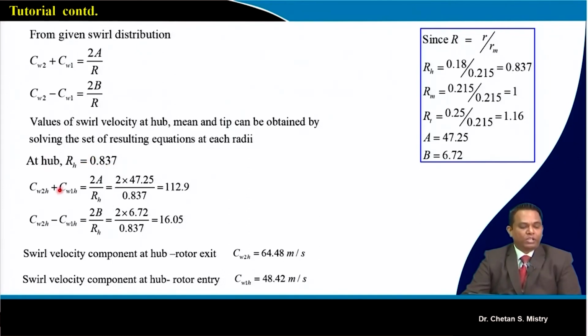So we can put this equation, which gives me the variation of my whirl component at the entry and exit at the hub. This gives me how my whirl velocity component varies at the entry and exit.